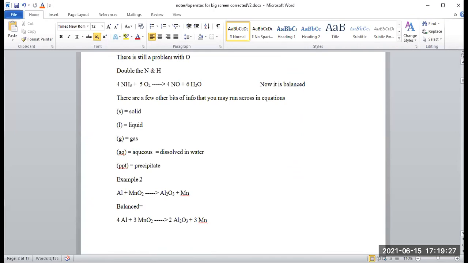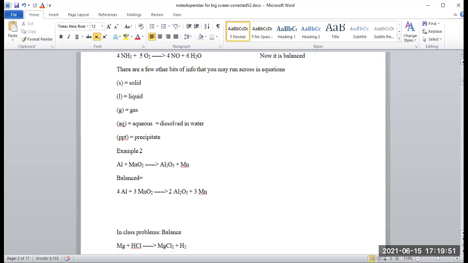And then we hit two more that probably don't look very familiar. AQ stands for the Latin-ish word aqueous, which means dissolved in water. And I have precipitate, PPT, things that make solids.